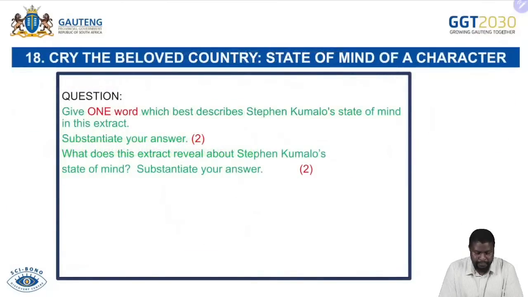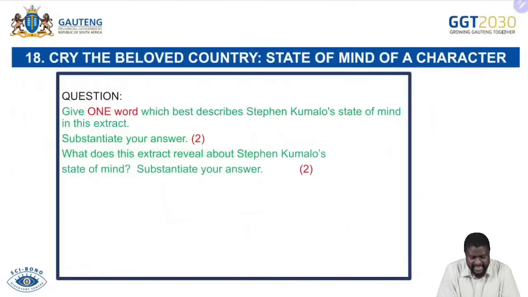Moving right along. A character's state of mind. Remember, head and heart: what the character is thinking, how he or she is feeling. So you put the two together tomorrow in the examination and you will be able to ace this question. 2 marks. Give one word which best describes Stephen Khumalo's state of mind in this extract. Substantiate your answer.